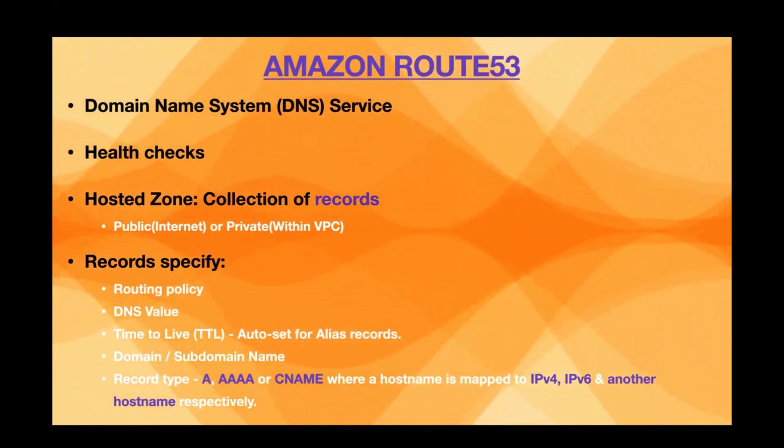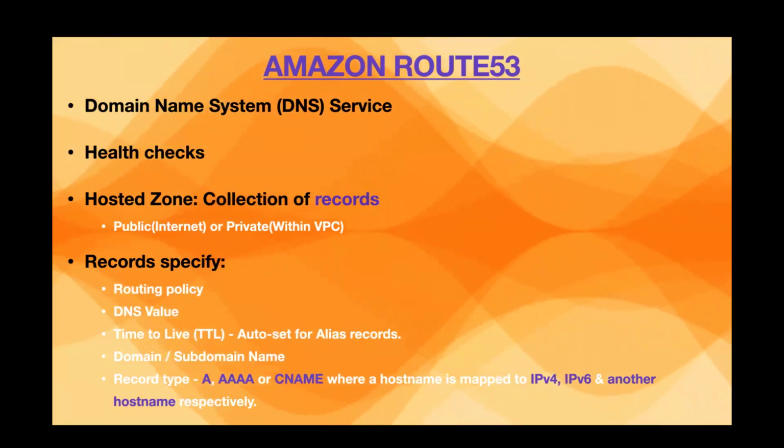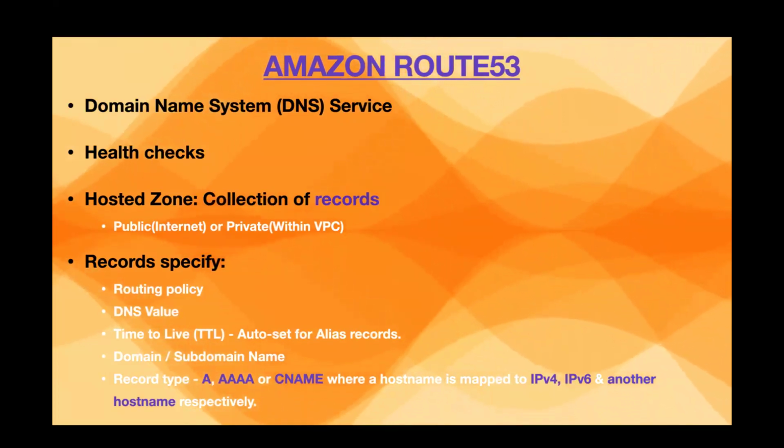If it's for a CNAME or any other record types, you're going to have to set that time by yourself. But if it's an alias record, Route53 sets it for you, and it's for a minute.